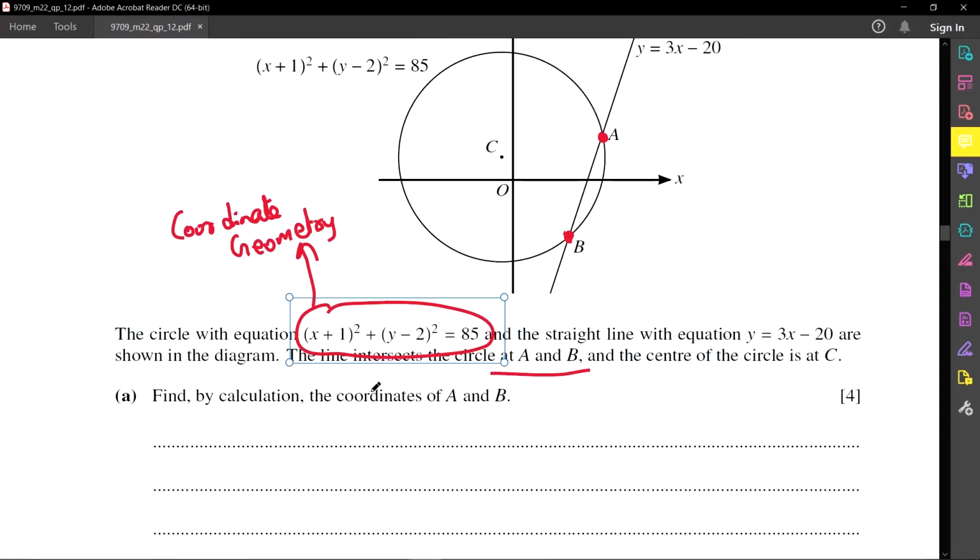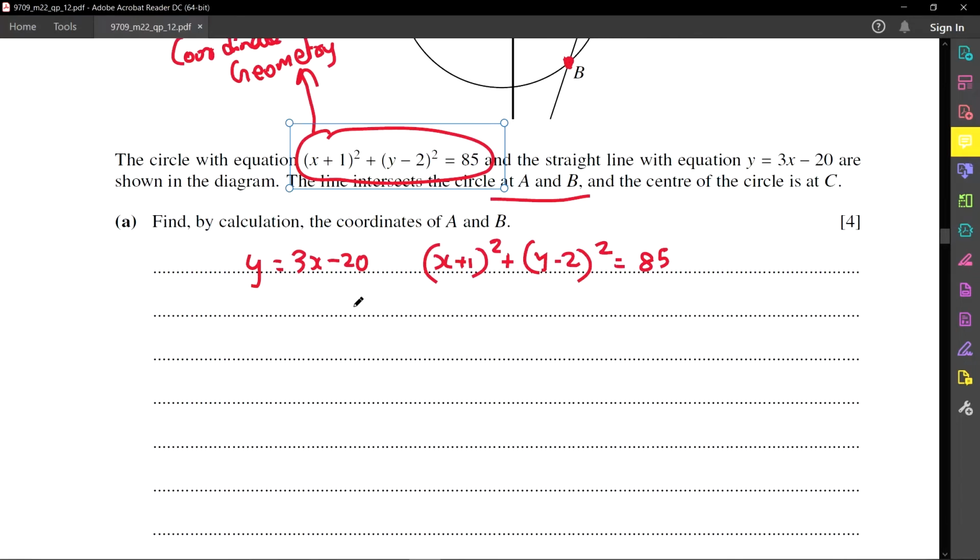This is a simple simultaneous solving which involves a line and a curve. So we have the line y = 3x - 20, and we have the circle equation (x + 1)² + (y - 2)² = 85. We'll substitute the y value into this.